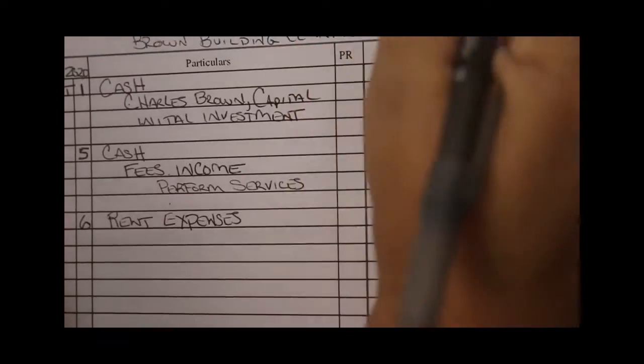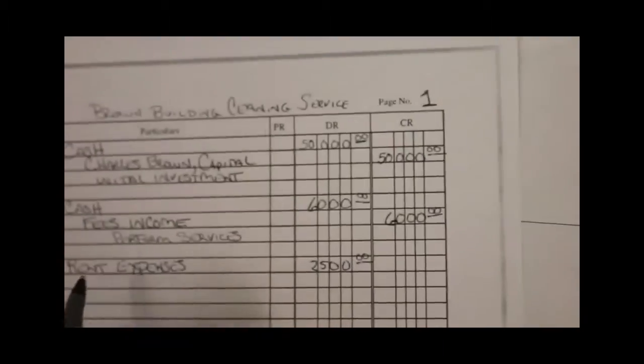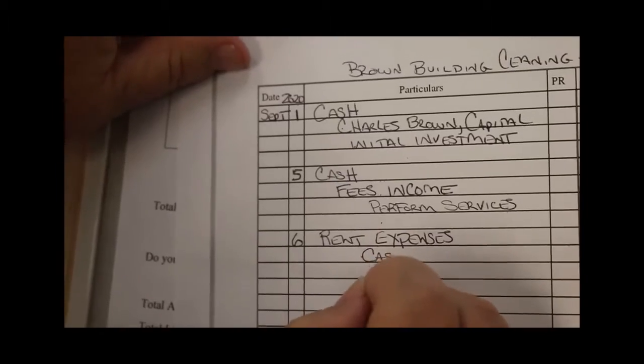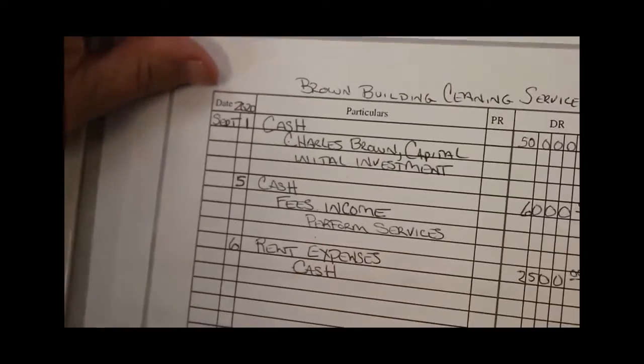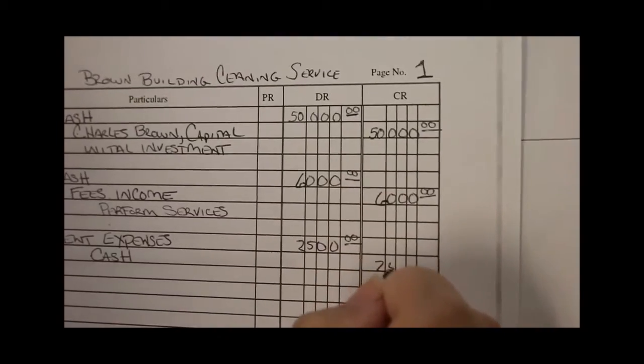And then that's for $2,500. I'm going to put the amount, $2,500, right there. Okay. So below that, the other account that was affected was cash. We credited that, so we're going to write down here, cash. We're going to go over here to credit, $2,500.